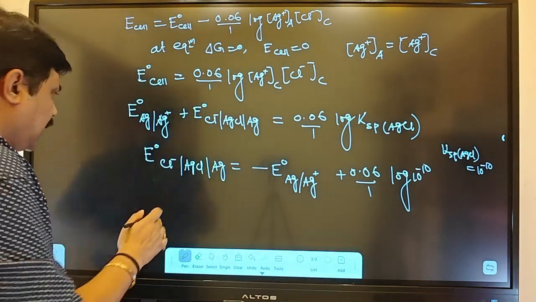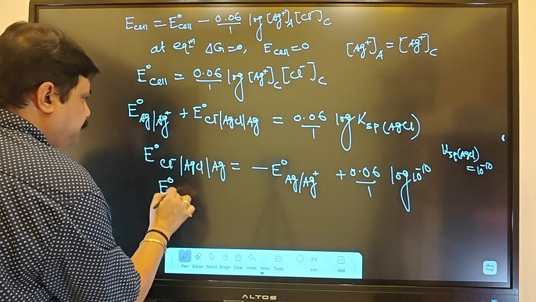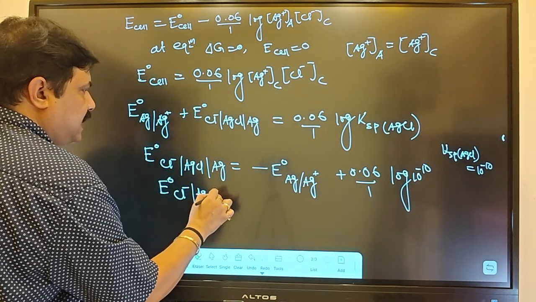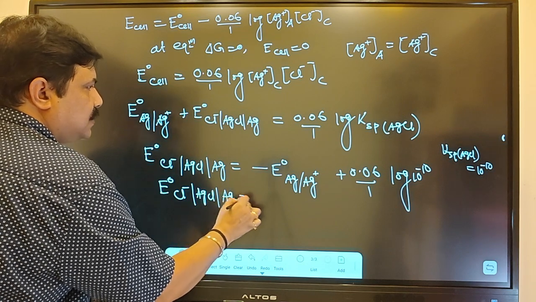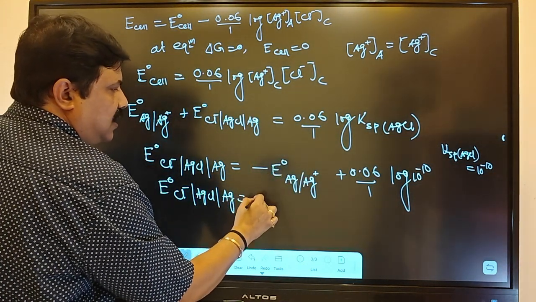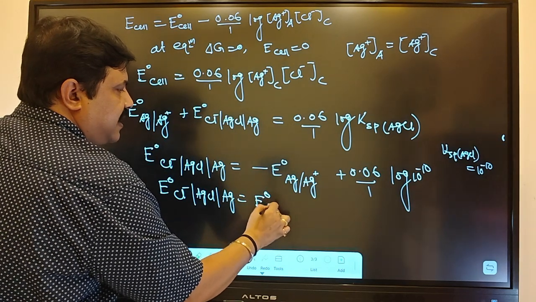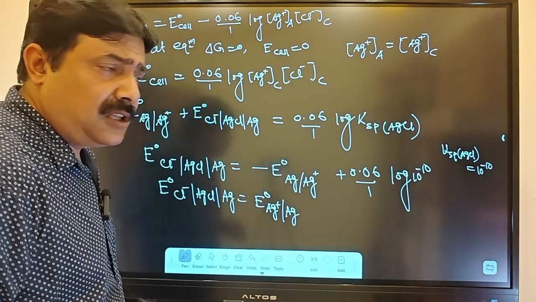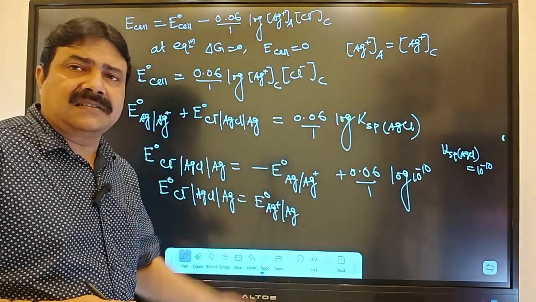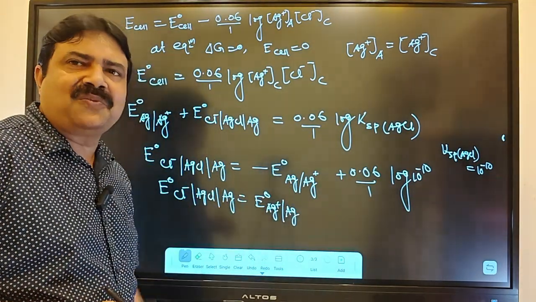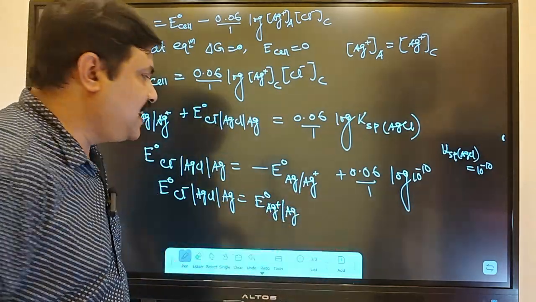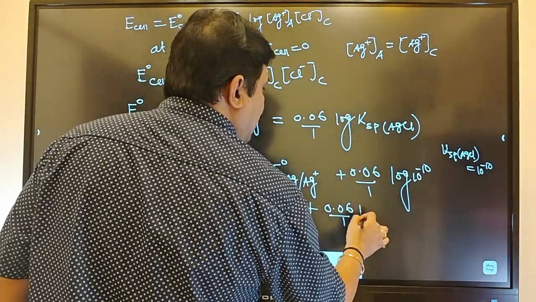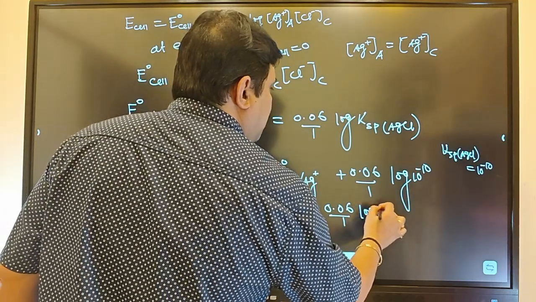So E naught of Cl minus, AgCl and Ag equals E naught of Ag plus to Ag, because Ag plus is now converting to Ag, which is a plus sign, plus 0.06 by 1 log of 10 power of minus 10.